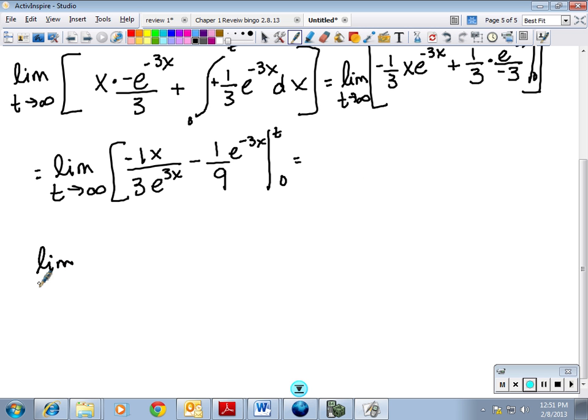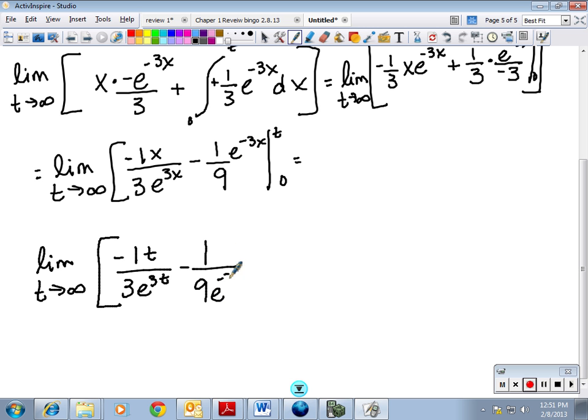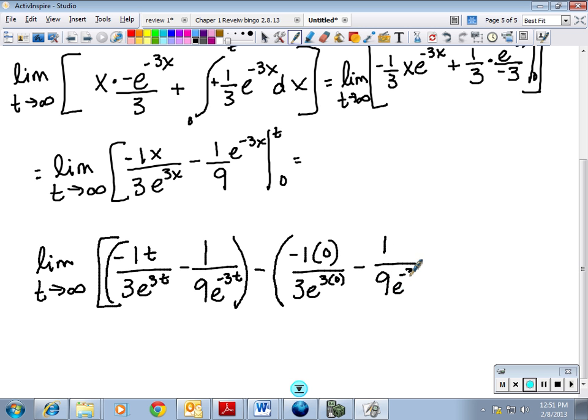The limit as t approaches infinity of, I'm going to fill my t in, negative 1t over 3e to the 3t minus 1, I'm going to go ahead and move that down, over 9e to the negative 3t, minus, filling in my 0, negative 1 times 0 over 3e to the 3 times 0 minus 1 over 9e to the negative 3 times 0.